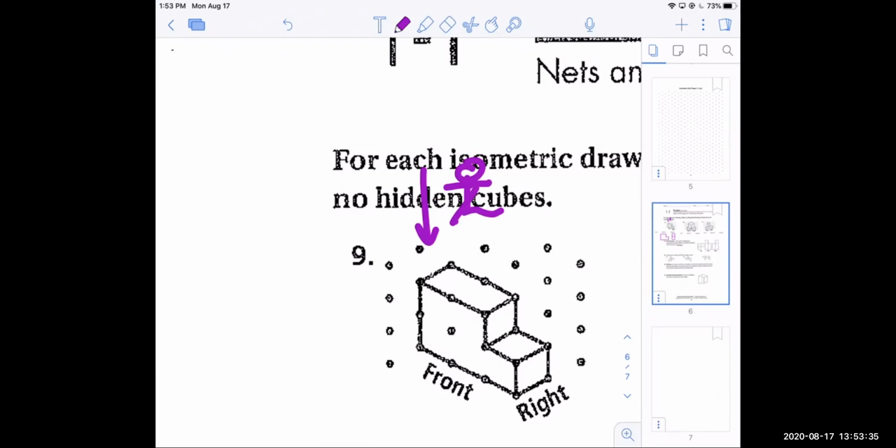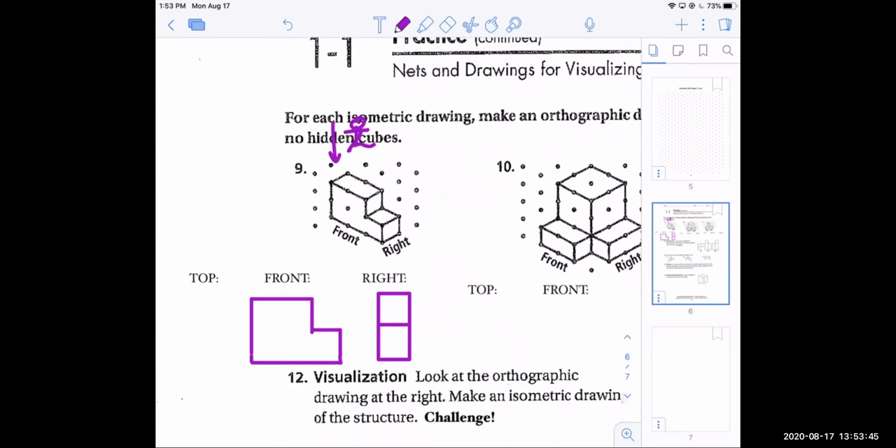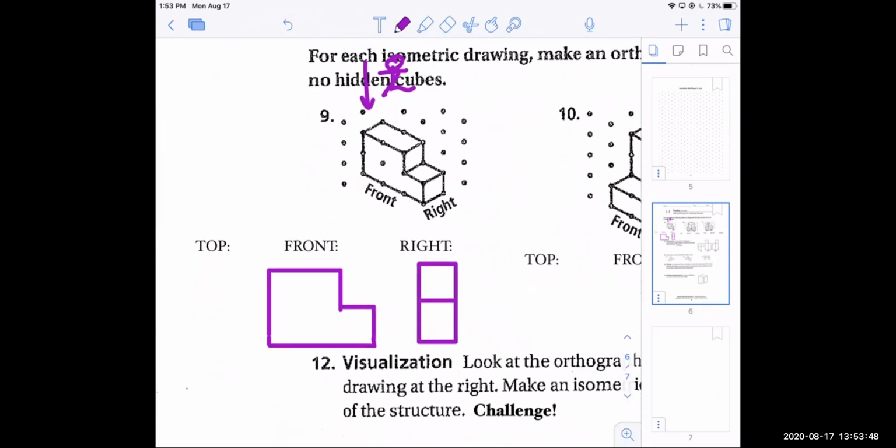What does it look like? Okay, it's a rectangle. What are the dimensions of the rectangle? Like the whole thing as you look down on it.